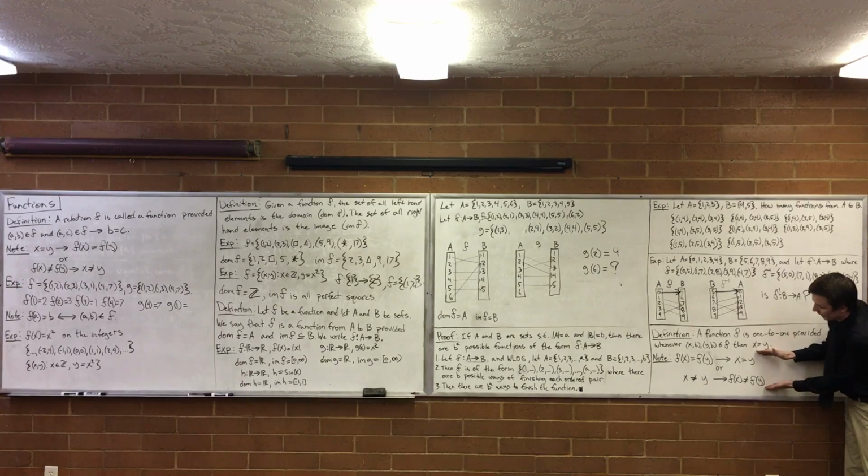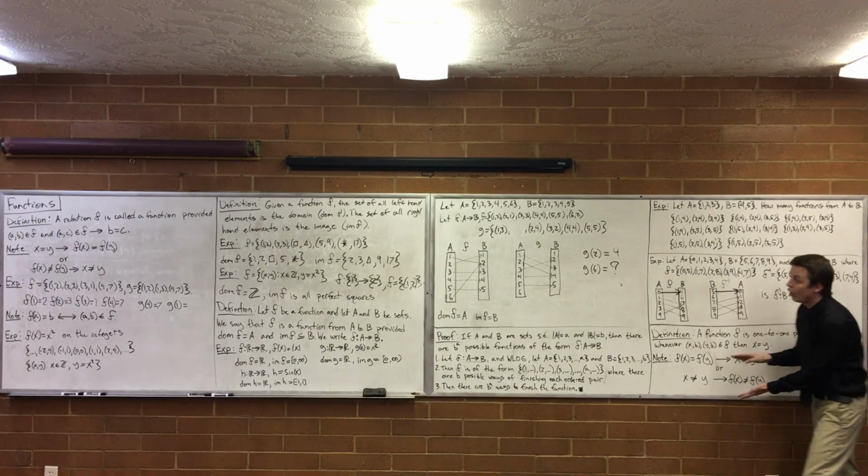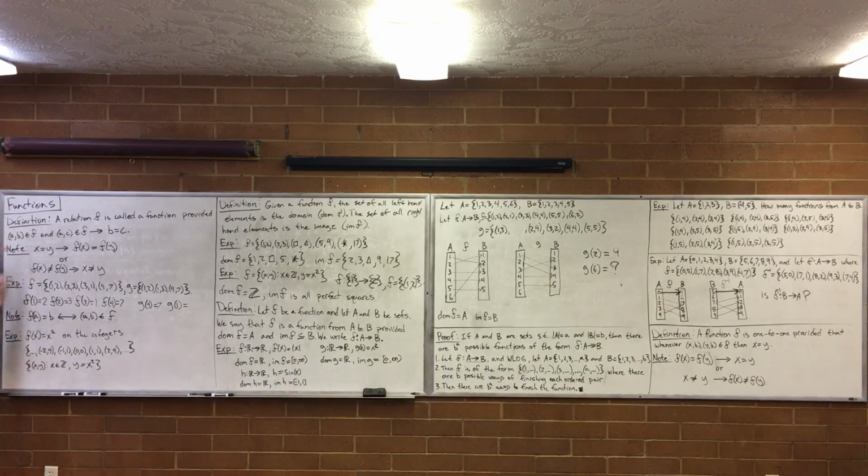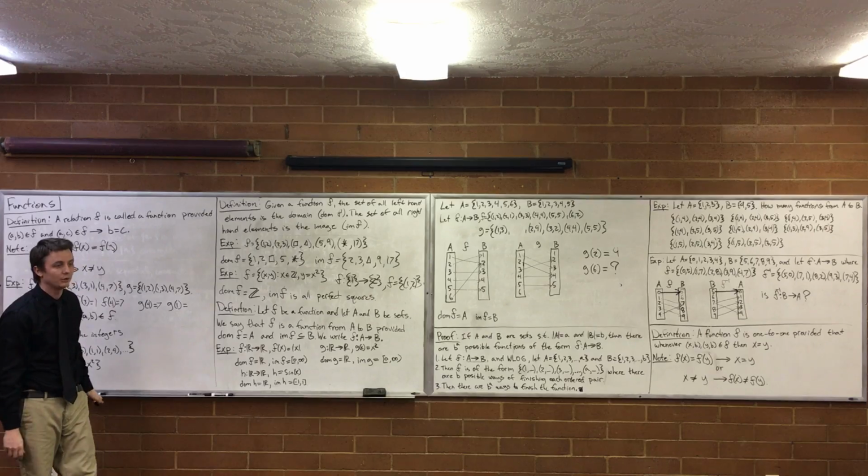The reason I like thinking about it this way is because then you can see very clearly, and Estonia's already picking up on it, this is the converse of the definition of a function. You take the converse of this, and you get that. Can you remind us what a converse is? If alpha implies beta, its converse is beta implies alpha. Okay.